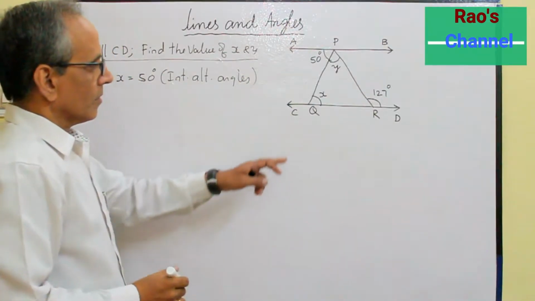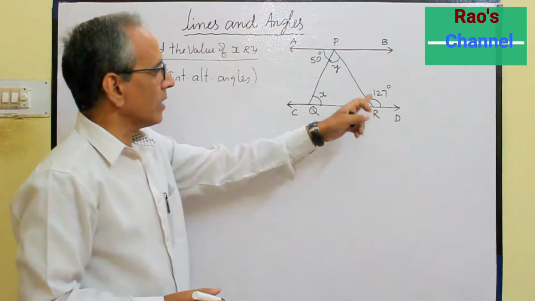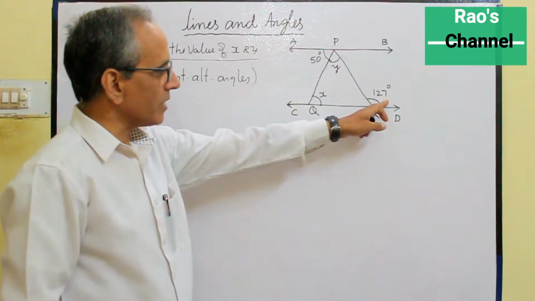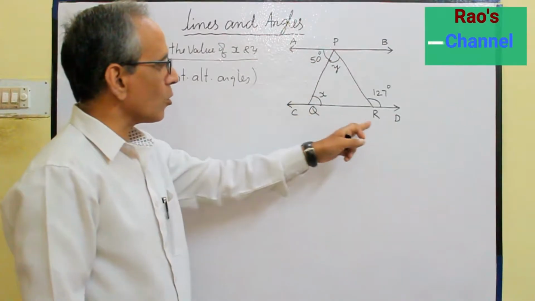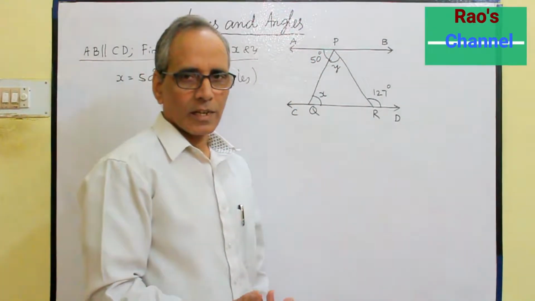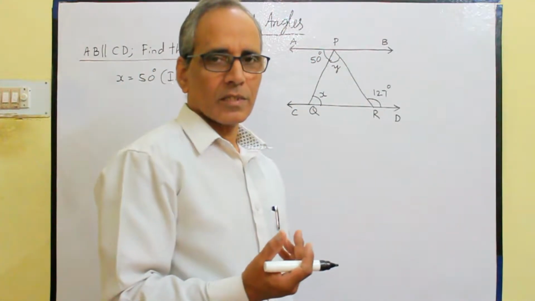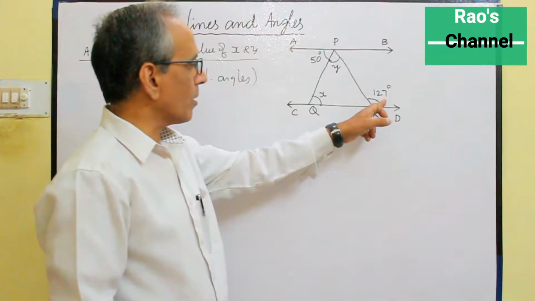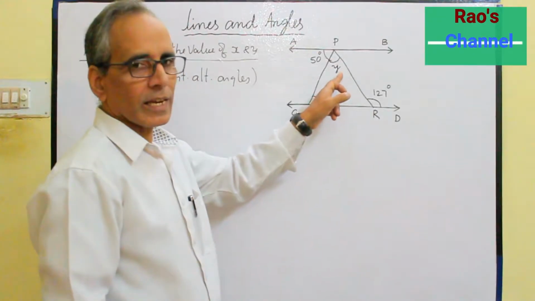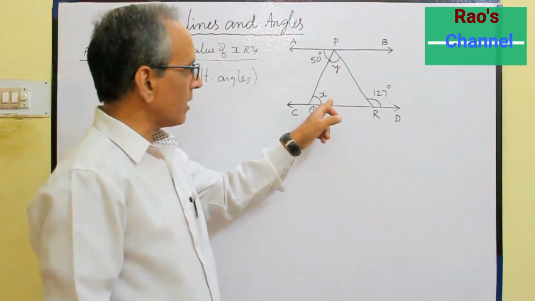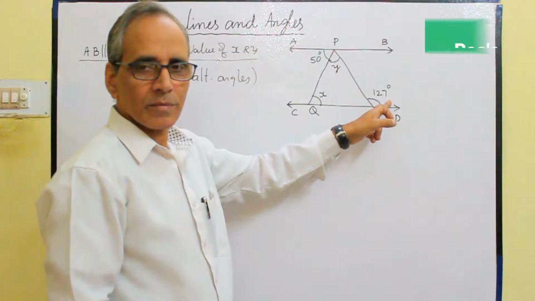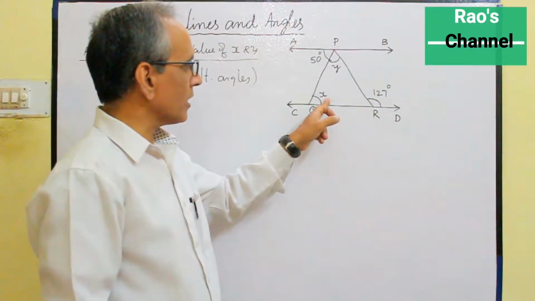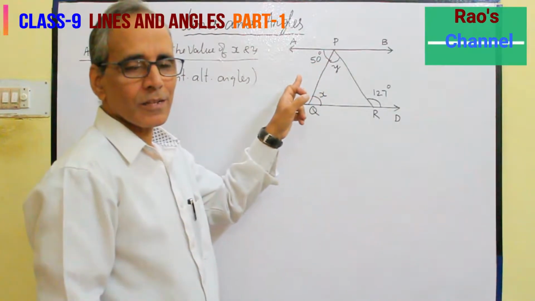Next, see, if you take the triangle and this 127, we know this 127 is the exterior angle of triangle PQR. We know the exterior angle of a triangle, which we also have in 7th class, is equal to the sum of interior opposite angles. So x plus y together is 127, because 127 is the exterior angle and these two are interior opposite angles.